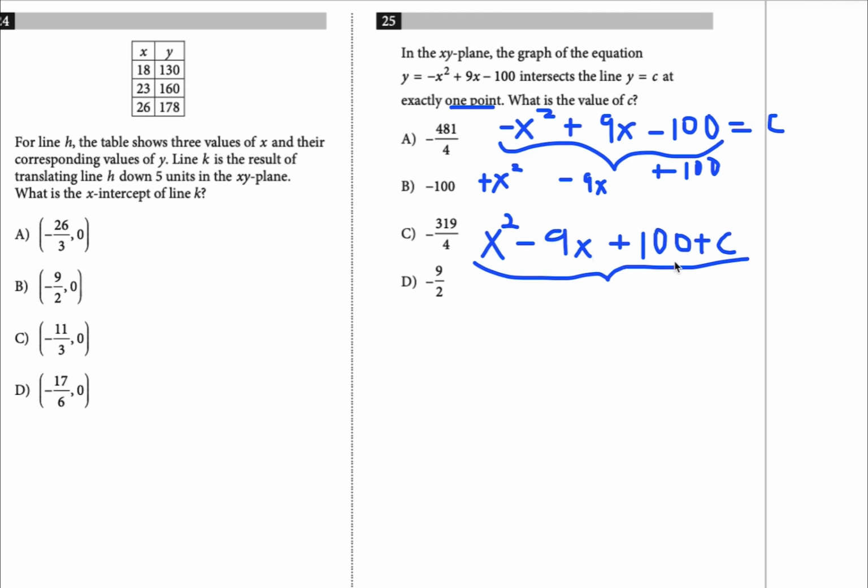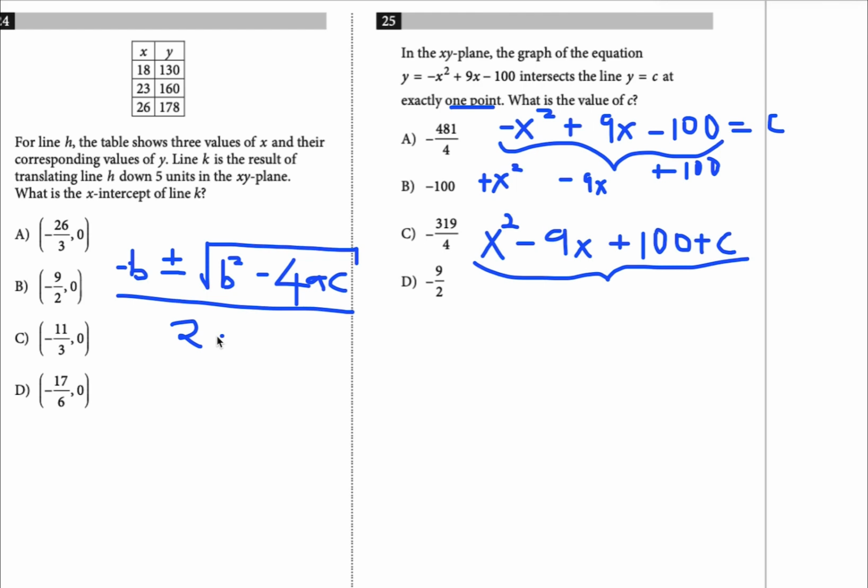Typically when you have something like this and cannot see a way forward by factoring, there's the quadratic formula that we can use, which looks something like this: x equals negative b, plus or minus the square root of b squared minus 4ac, all divided by 2a.